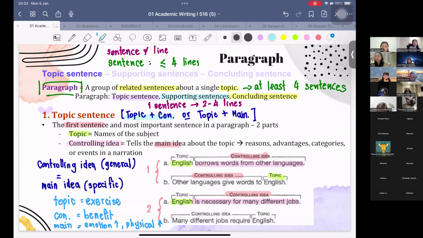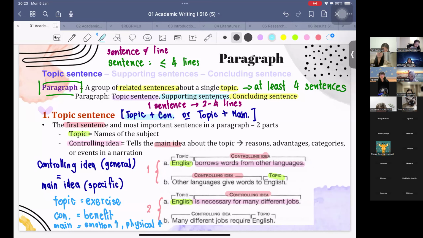So number 1 and number 2 talk about the same topic, but the details are totally different. That's why you need to write the topic and controlling idea. You need to give an overview of your paragraph to your audience.